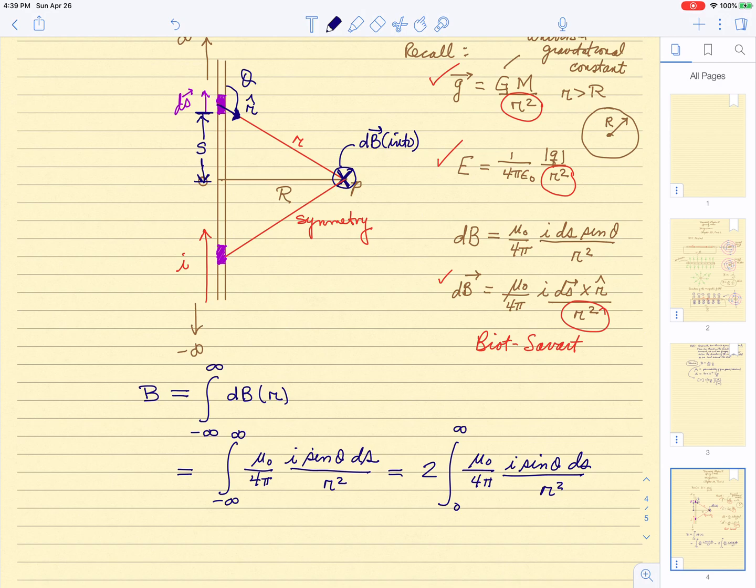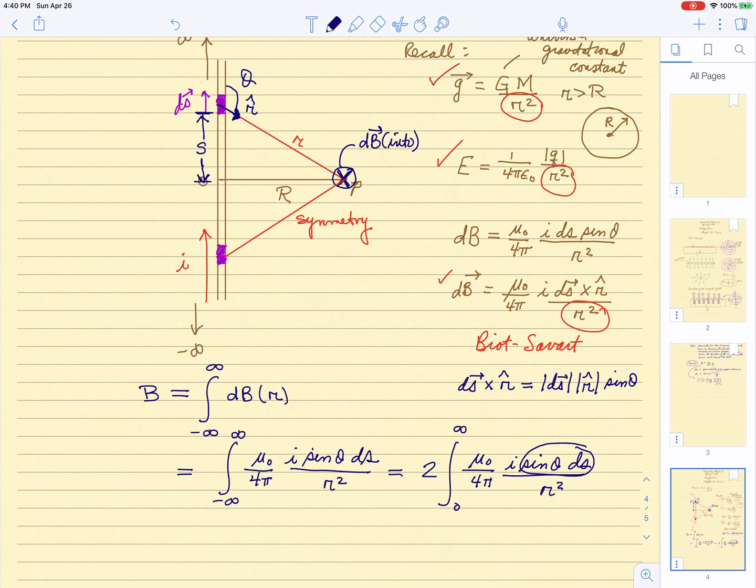Now, just to drive home the point of where this comes from, remember, in a cross product, we know that that involved a cross product of ds cross r caret, which is the magnitude of ds, magnitude of r caret, sine of the smallest angle between them.